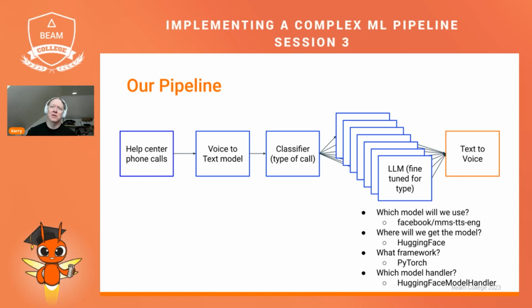And I think we're going to use the MMS TTS model from Facebook. And TTS is text to speech. They have a fairly small model. I think it'll fit in our CoLab instance pretty well. Also available on Hugging Face. Once again, PyTorch to keep things consistent through our pipeline. And we'll be using the Hugging Face model handler here as well.